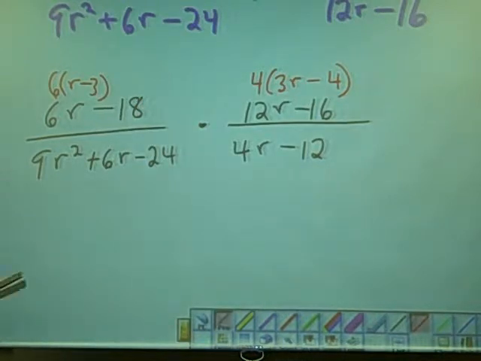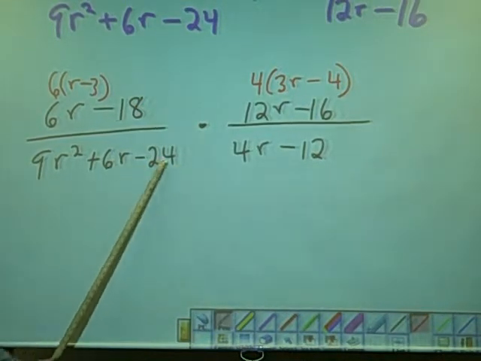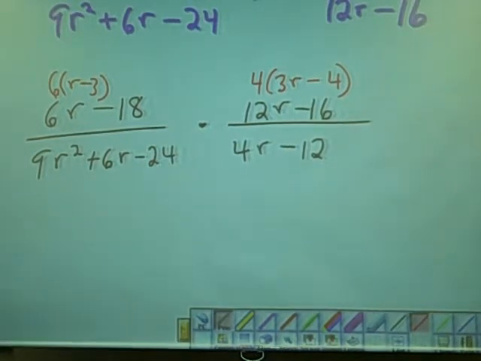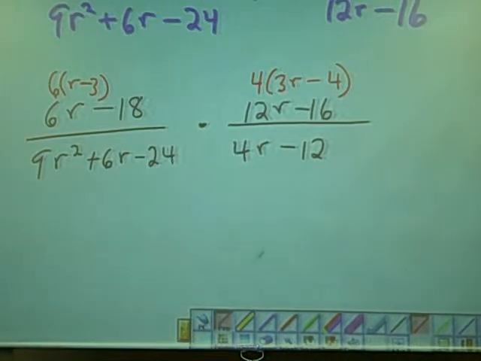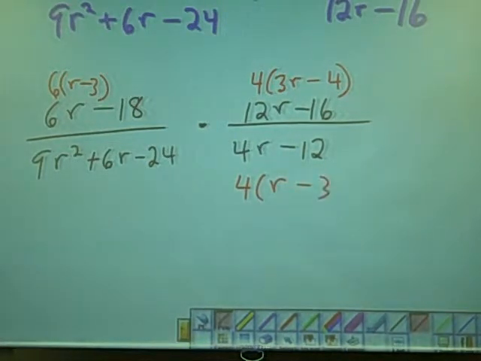So you want to see, can I get an r minus 3 anywhere else that maybe we can cancel with that? Here's another easy one, 4r minus 12. We know 4 can go into both of those, and so that's going to be r minus 3 there. Okay, those two r minus 3s can cancel.